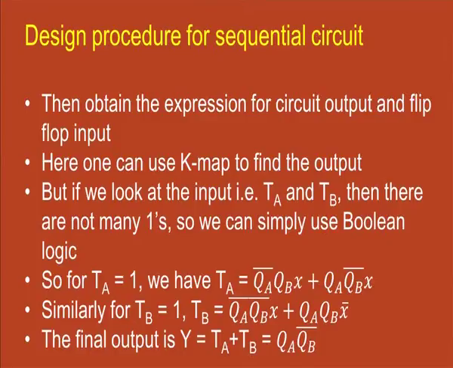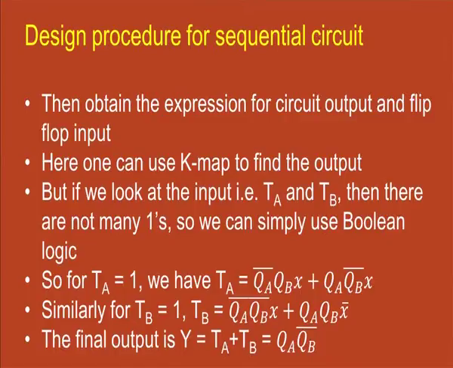For T A equal to 1, we can obtain the following expression: T A is equal to Q A bar Q B x plus Q A Q B bar x.